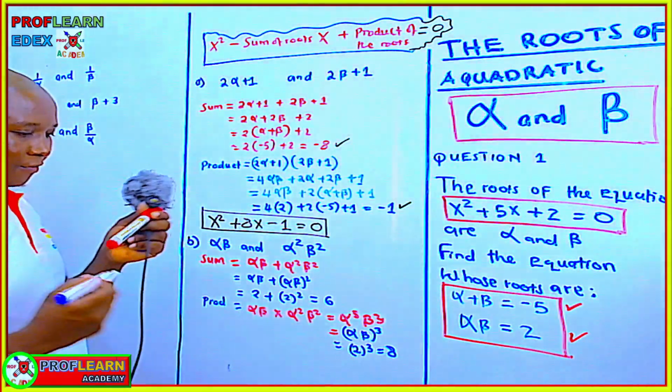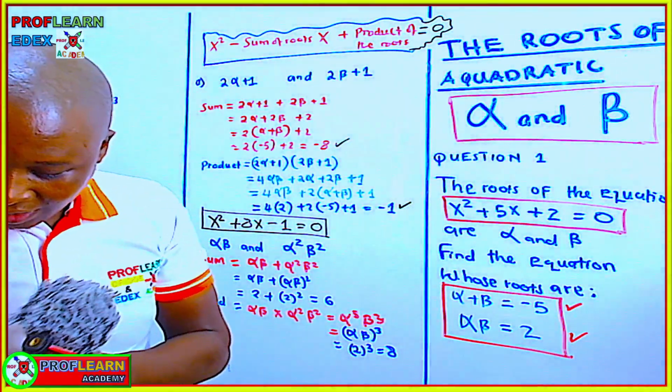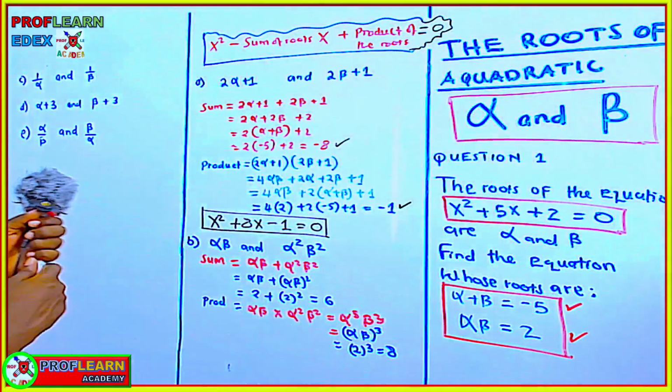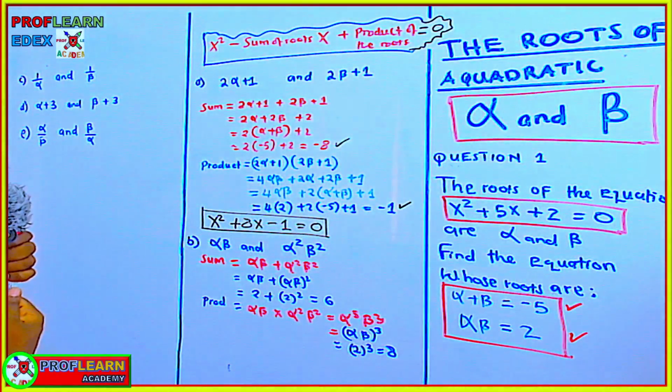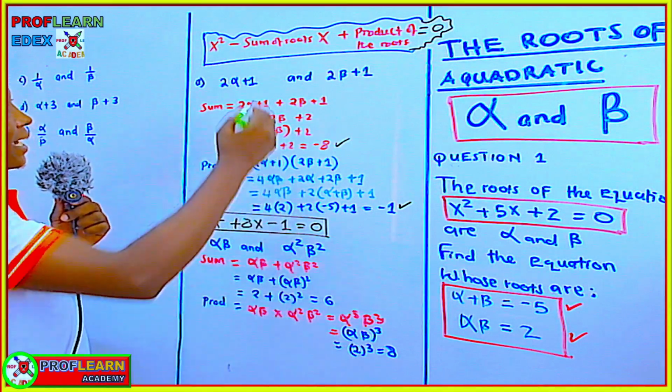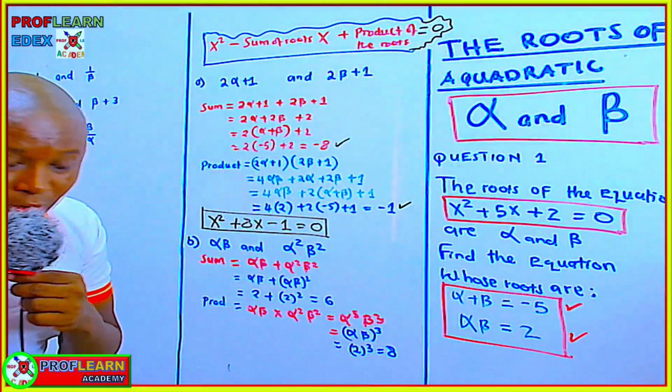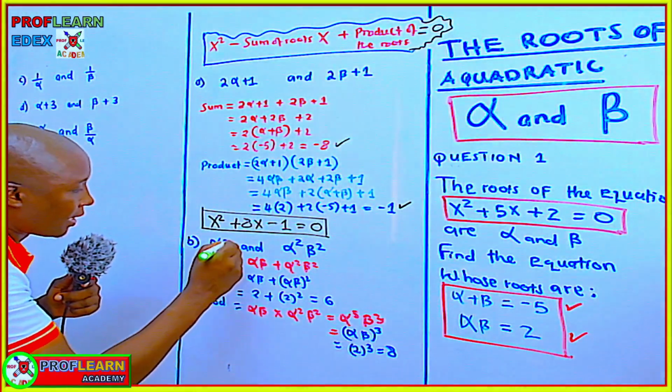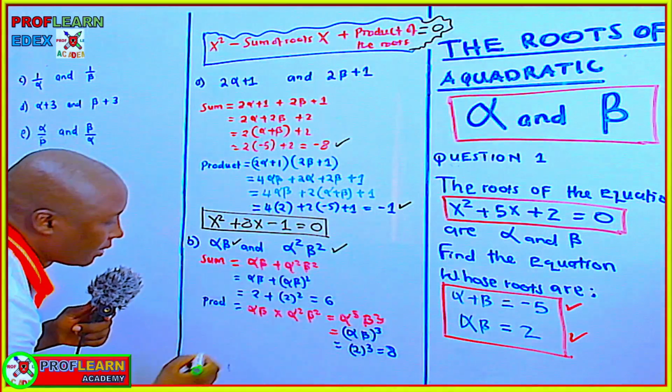Now, once we have this 8, we already have the sum and the product. So we can write the new equation whose roots are these.